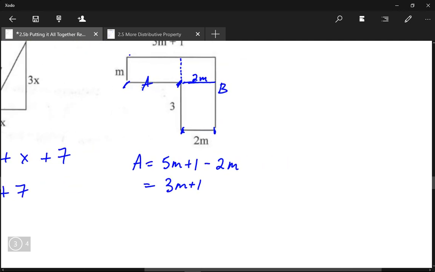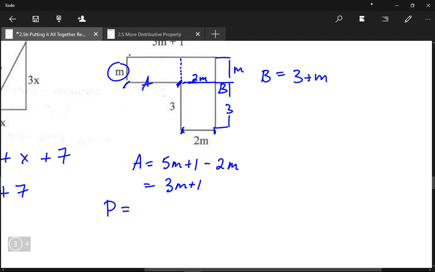What about B? Three plus m. So this part is 3, and this part is m. Add them together, I get 3 plus m. So my perimeter is add them all up.